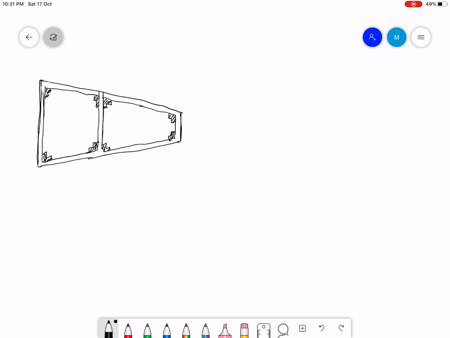Okay, so this is the configuration. So now, this will be idealized in this form. So booms at each location of the stringer. Okay, and now how do I find out the area of these booms?